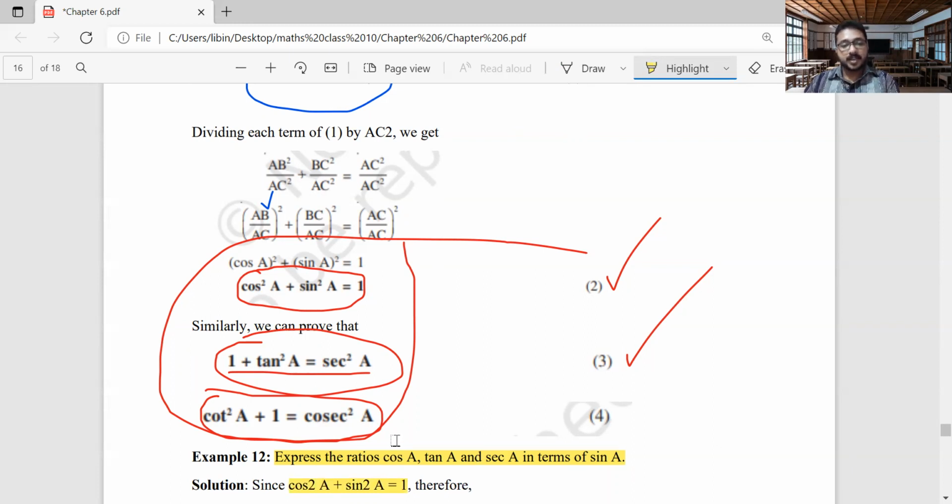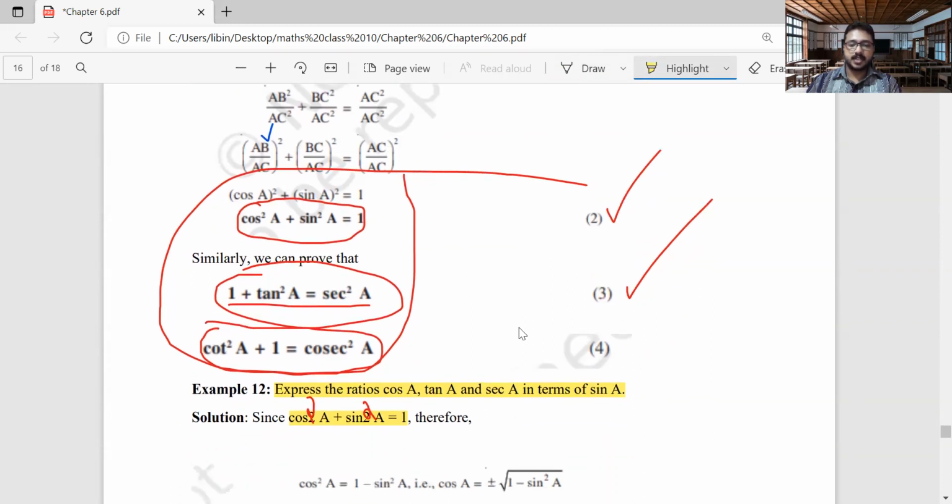What is our aim? We want to express cos A in terms of sin A. Cos squared A is actually not cos 2A, it is cos square A, and sin square A. Now cos squared A is equal to 1 minus sin squared A. Clear? We are just taking the sin squared A to the other side.